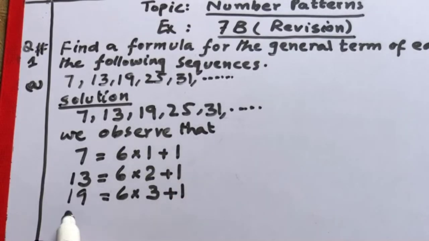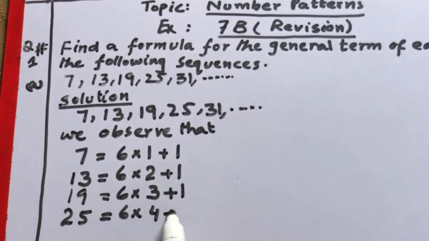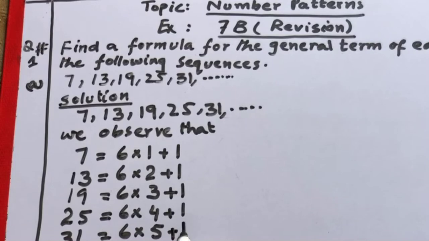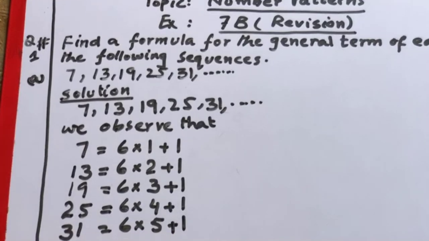And if we take the next term, which is 25, and if we write it 6 multiplied by 4, it becomes 24, and if we add 1 in it, it becomes 25. And if we take the next term, which is 31, and if we write it 6 multiplied by 5, it becomes 30, and if we add 1 in it, it becomes 31.